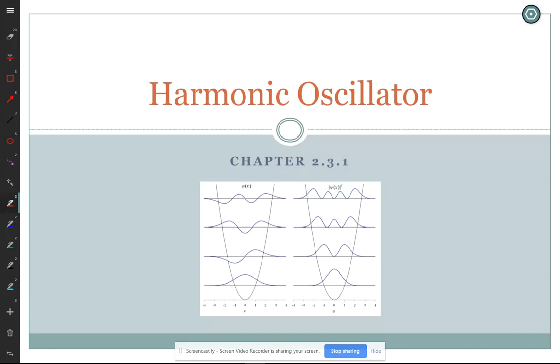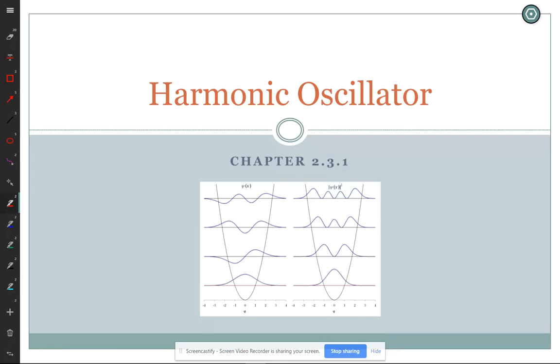Now this here, what's the importance of psi mod squared? It's the probability density. So I can look here right away and say, if it's in the lowest state, its most probable position is right here in the center. The lowest energy state corresponds to what we're comfortable with as far as a simple harmonic oscillator.